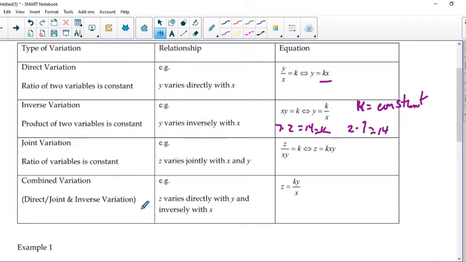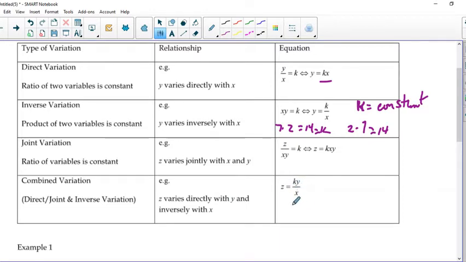And then, of course, combined variation is the last one. Those are a combination of variations, joint and inverse. And the equation is really what you're going to want to know. These equations are what you're going to want to learn. So z varies directly with y. Notice in direct variation, y equals k times x. Here, z equals k times y because z varies directly with y, inversely with x, so over x.